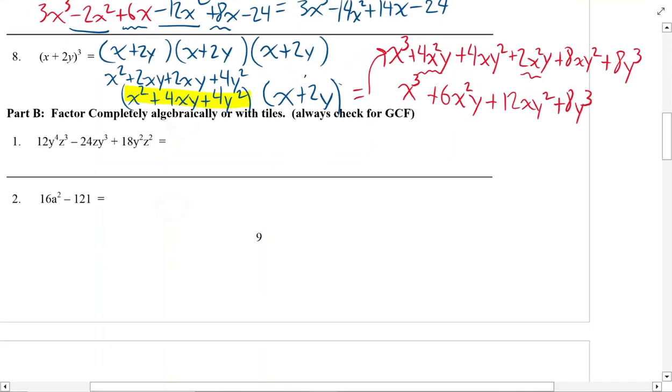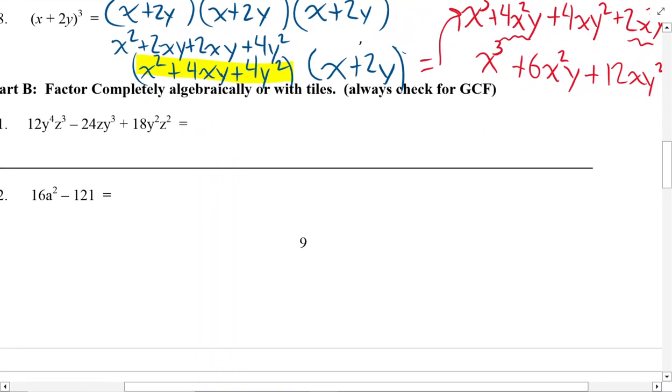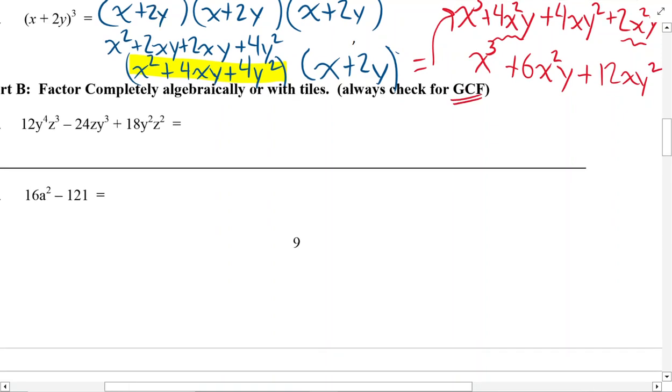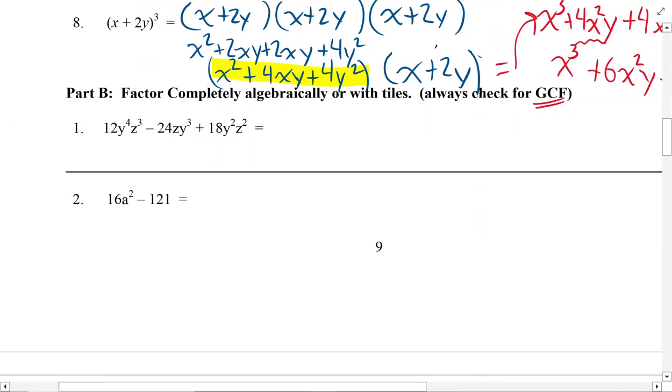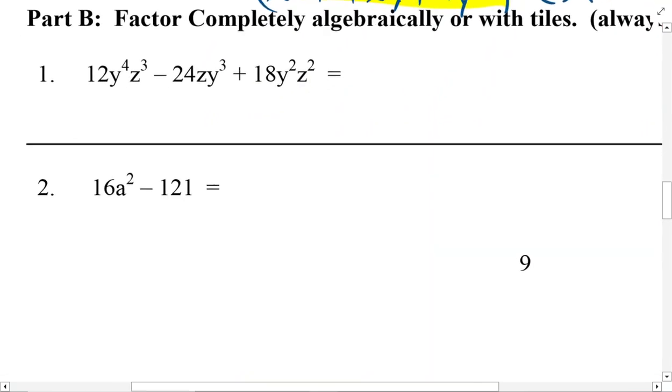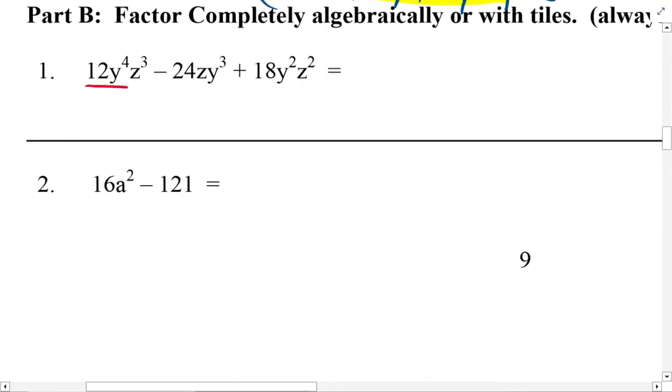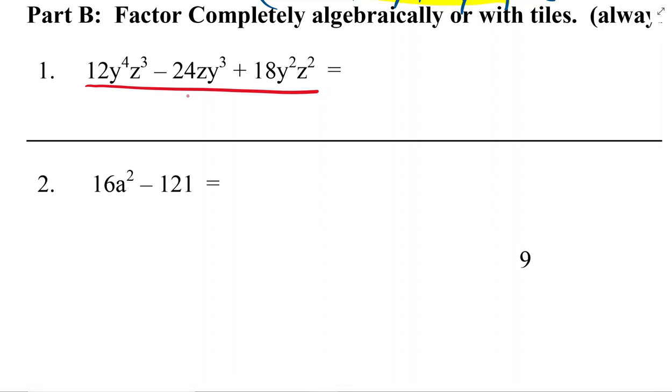So here, GCF. Always check for your GCF first. Okay, 12, 24, 18. Is there a GCF? Absolutely. What would be your GCF? What can you divide all 3 numbers by? 6? Yeah. Okay. Now, only if you have a negative sign at the front would you have a negative GCF.